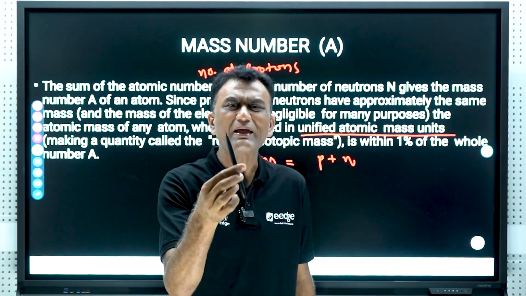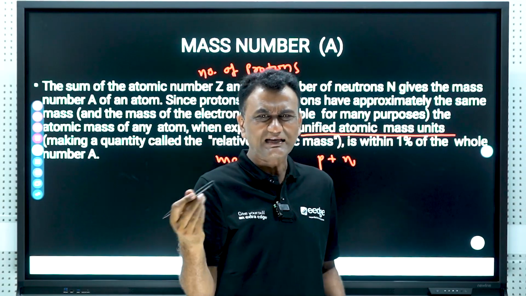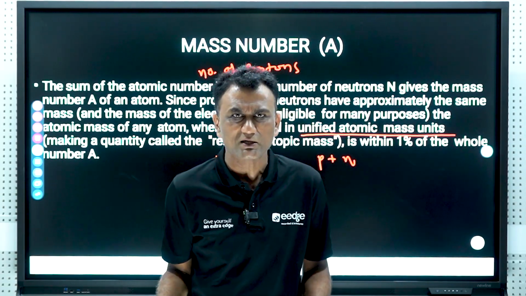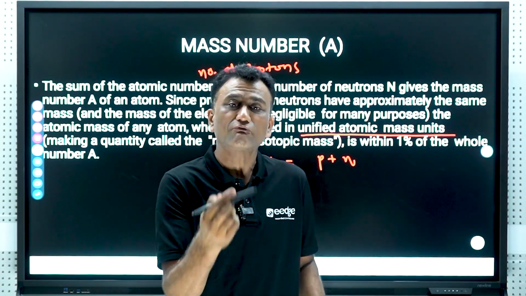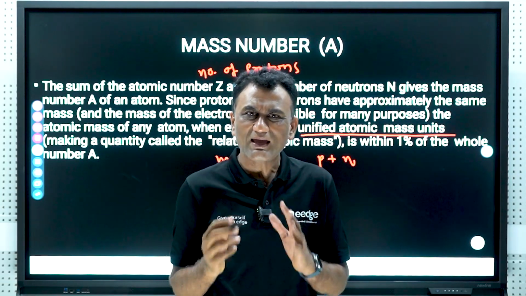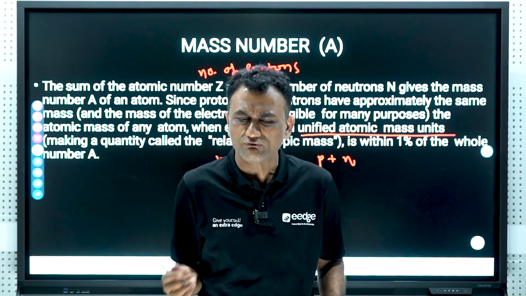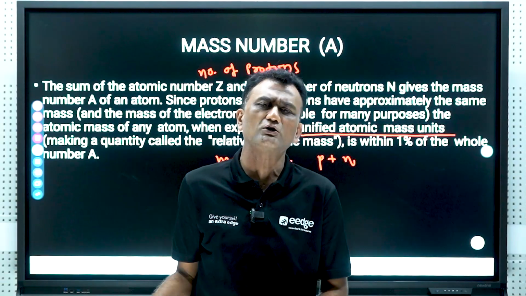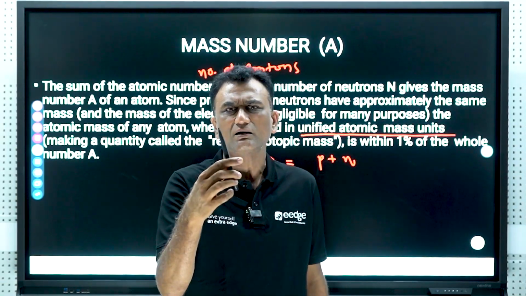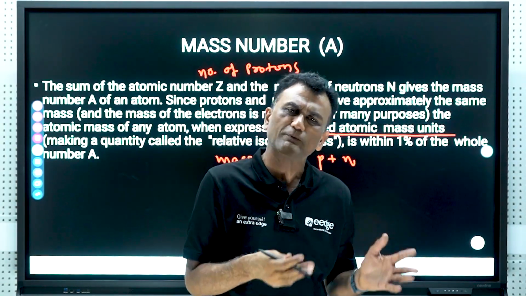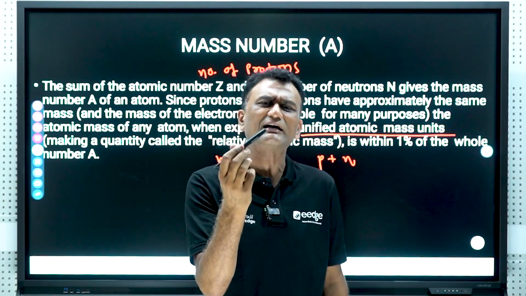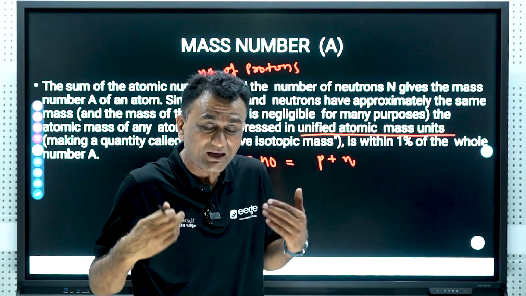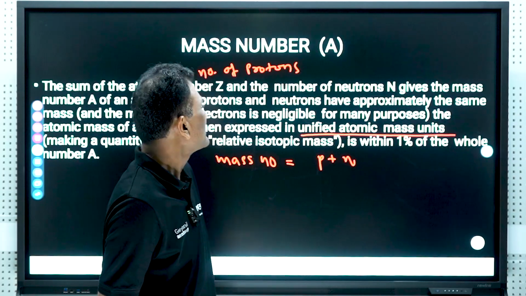I'm holding this pen, but the weight of the pen is negligible as compared to my body weight. So if I weigh myself with or without the pen, then the total weight doesn't change. With the pen, if my weight is 75 kilograms, then without this pen in my hand, my weight would be approximately 75. This is a very light pen as compared to my entire body weight, right?